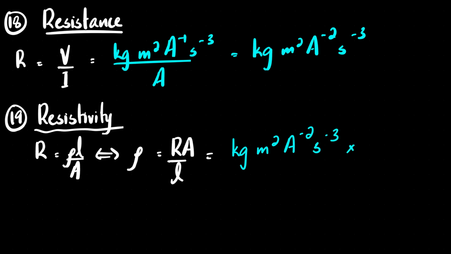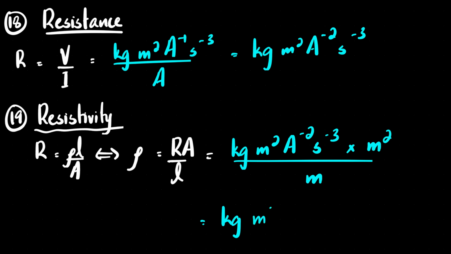Area is meter square, and the length is meters. So kg, nothing happens to this. Meter square makes us meter 4, and minus the 1 makes us meter cube, A -2, S -3. So that's the base units of resistivity.